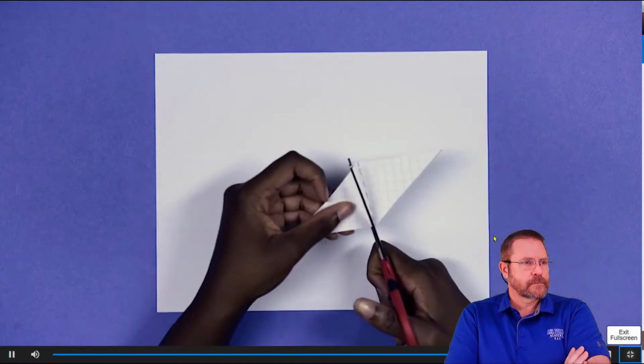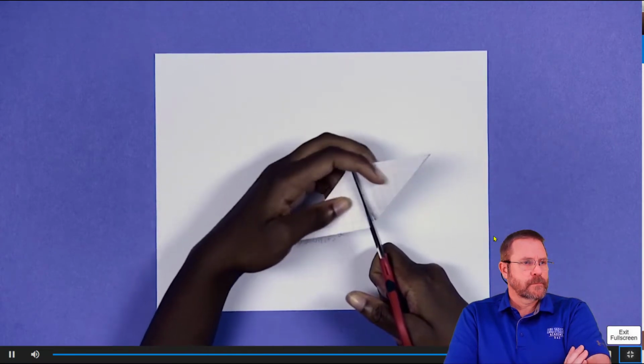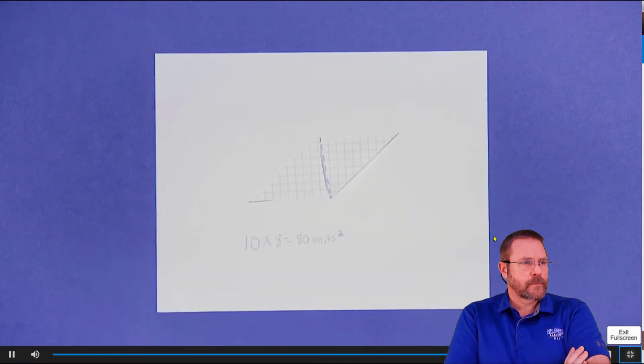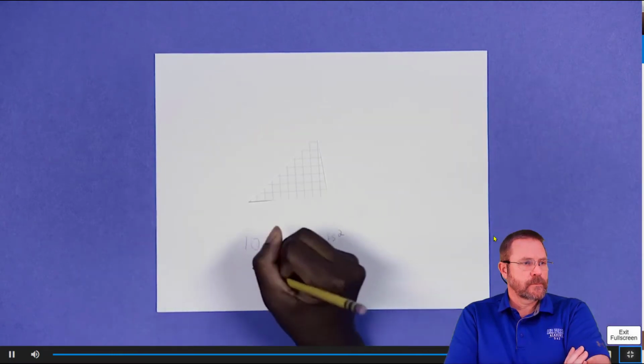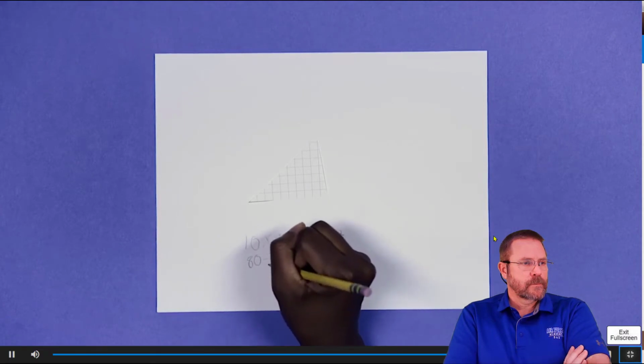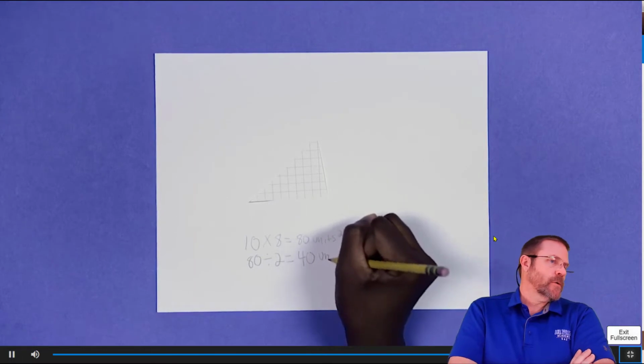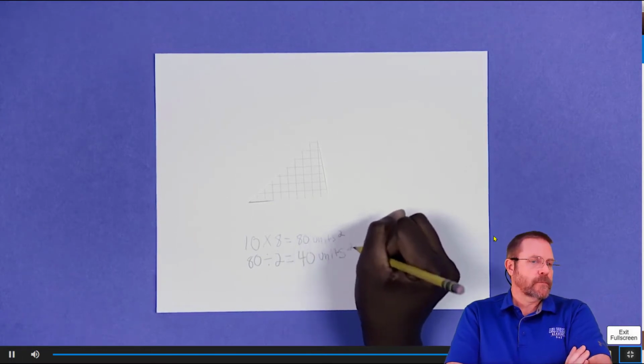Cut along the dotted line to make two separate triangles. The area of one triangle is half the area of the parallelogram, so the area of the triangle is 80 divided by 2, or 40 square units.